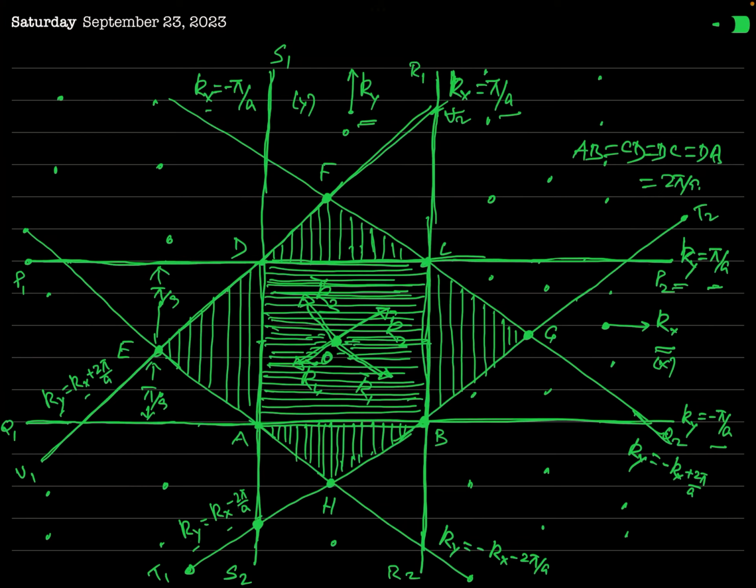Okay. Similarly, this straight line, let us say V1, V2, has been represented by the equation kappa y equal to minus kappa x plus 2 pi by a. And the equation kappa y equal to minus kappa x minus 2 pi by a is the straight line represented by, let us say, Z1, Z2.